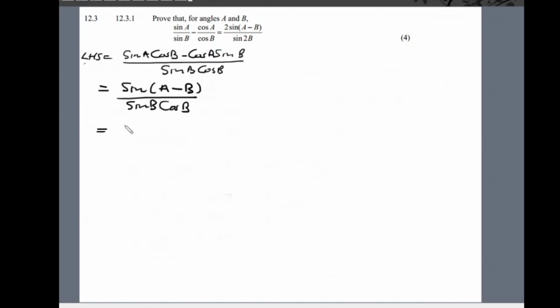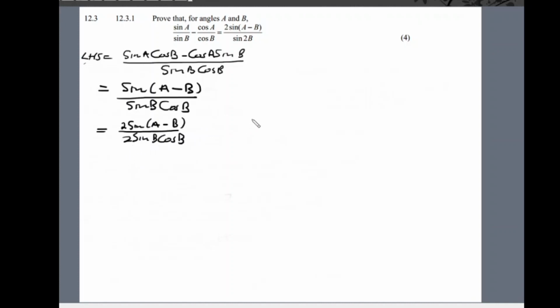And then if you multiply the numerator and the denominator by 2, you would see 2 sine A minus B divided by 2 sine B cos B is the same as this, right? Remember, 2 over 2 is just 1, so in other words we are multiplying by 1, right?